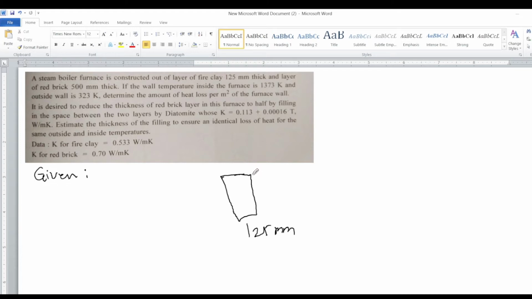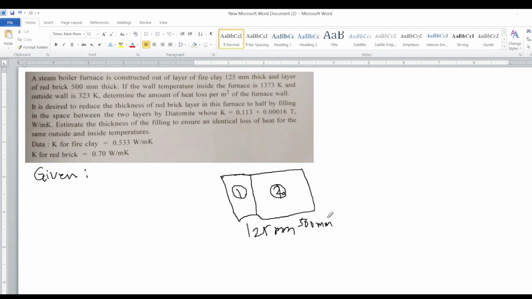Another layer is of red brick. Suppose this will be second, first, another layer of red brick of width 500 mm.